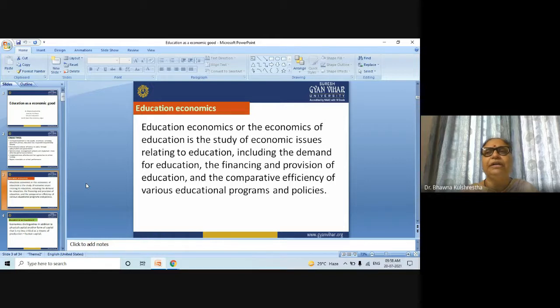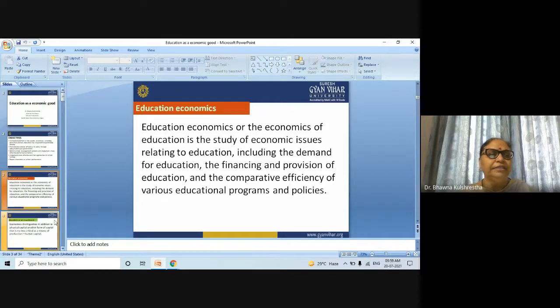From early work on the relationship between schooling and labor market outcomes for individuals, the field of the economics of education has grown rapidly to cover virtually all areas with linkage to education.